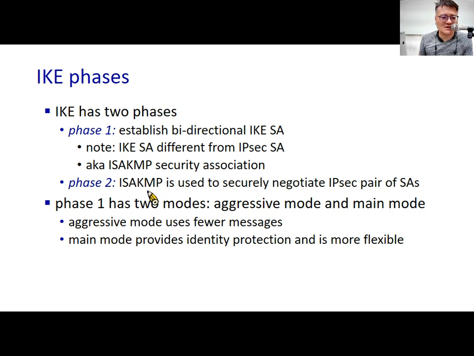Phase two uses ISAKMP to securely negotiate the IPsec pair of SAs. Phase one has two modes, aggressive mode and main mode. Aggressive mode uses fewer messages. Main mode provides identity protection and is more flexible.